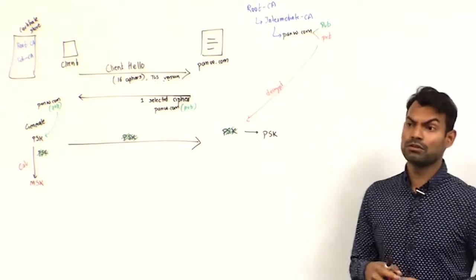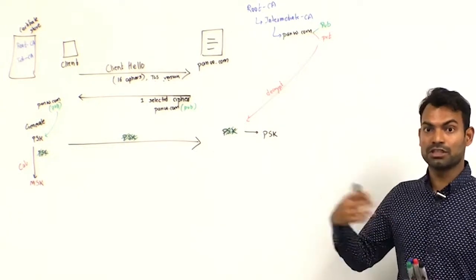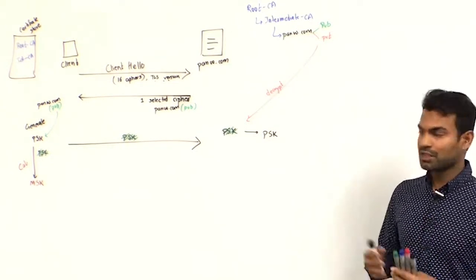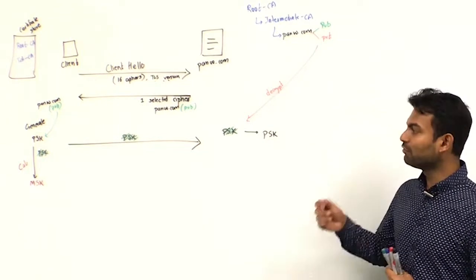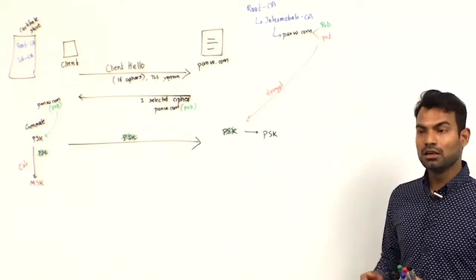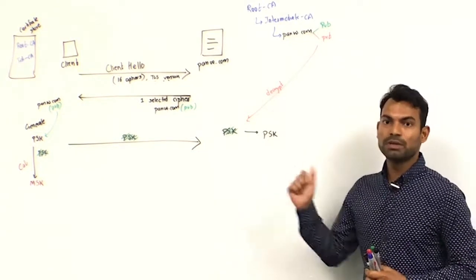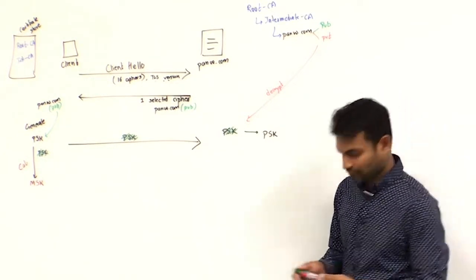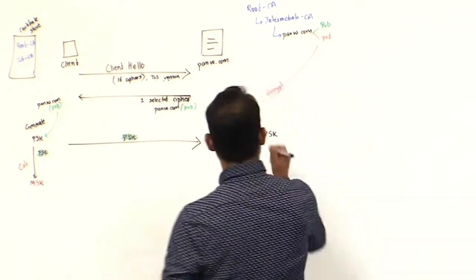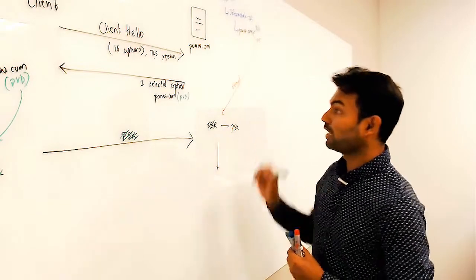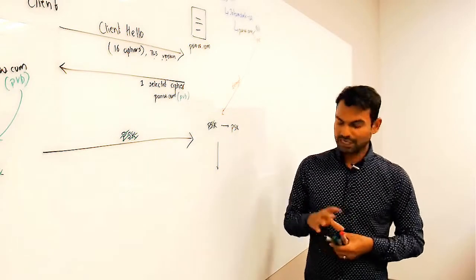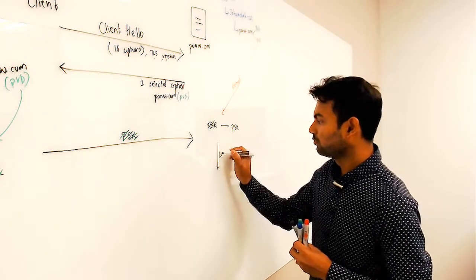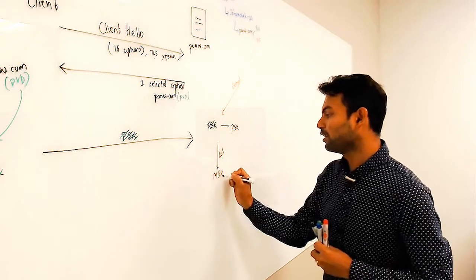Some people also call it the shared secret key, session key, or session ID. There are different names. It's basically one final key which will be used to encrypt and decrypt between the client and server in future. So let's do the same thing here, where we use the PSK to calculate the MSK, or the master secret key.